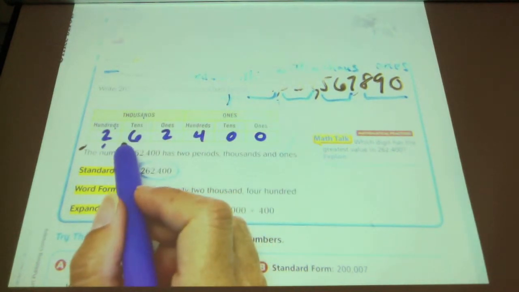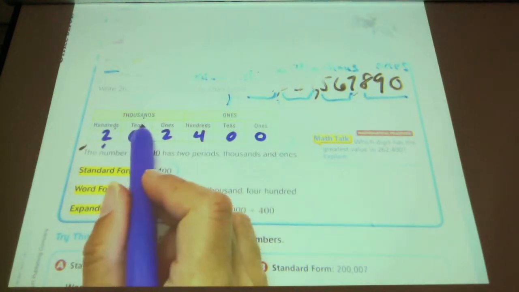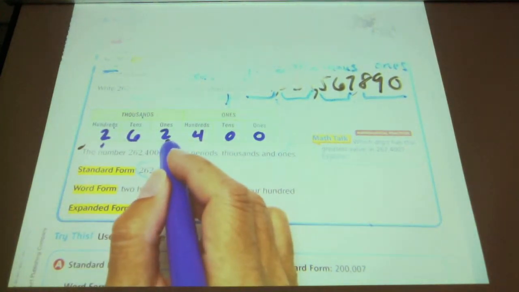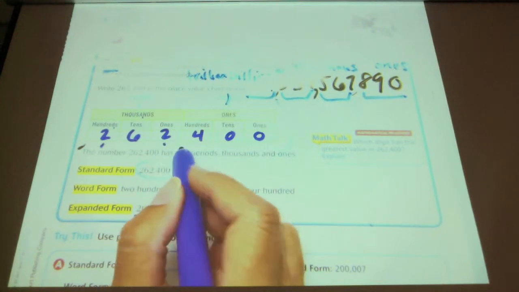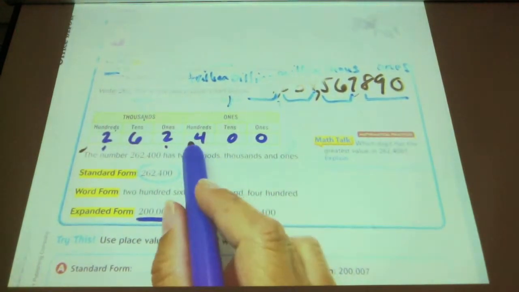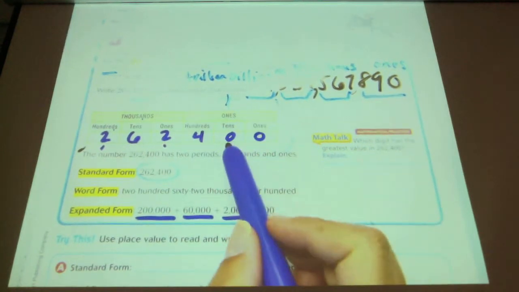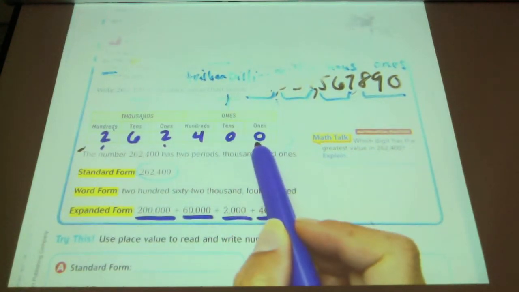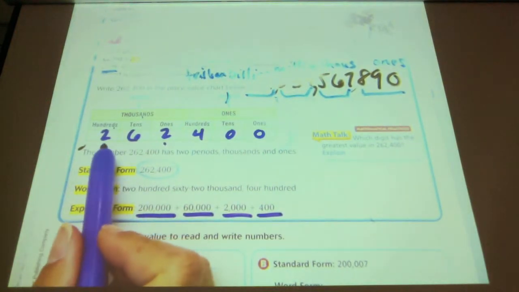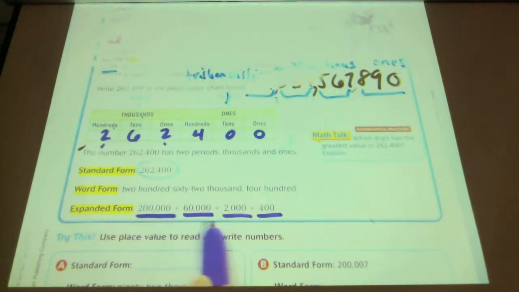We say 60, right? Stands for 60,000. The 2 here stands for 2,000. And then we have 400. Do we have any 10s? No. Do we have any 1s? No. So there's nothing more. So I'm just taking this number and separating it into its values.